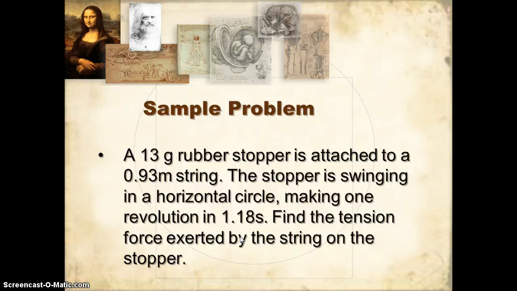I don't have the velocity, but I know the radius is 0.93 meters. If I know the radius, can I find how far it goes in one revolution? Yeah, it's 2 pi r, so I would take 2 pi and multiply it by 0.93. And now I know the time, so can I figure out the speed? Yeah, it would be 2 pi r divided by 1.8. That would be the speed.